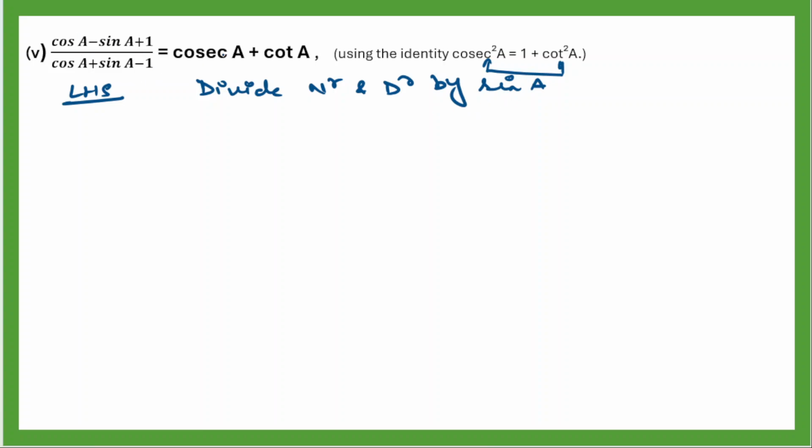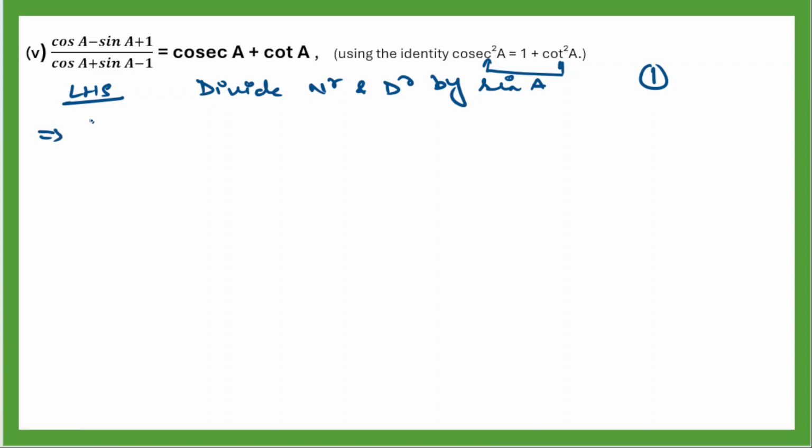Because cosec a plus cot a is given to you, which are reciprocals of sin a, so in the denominator of both cosec a and cot a you have sin a. If we had sec a plus tan a here, we would divide the numerator and denominator by cos a. So this is the first thing you have to remember.